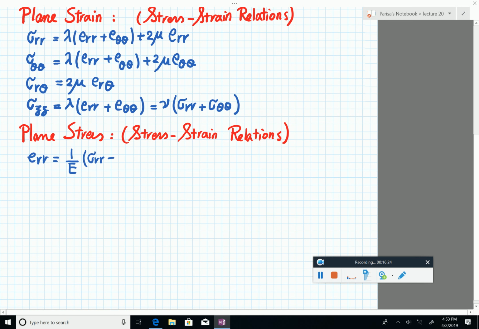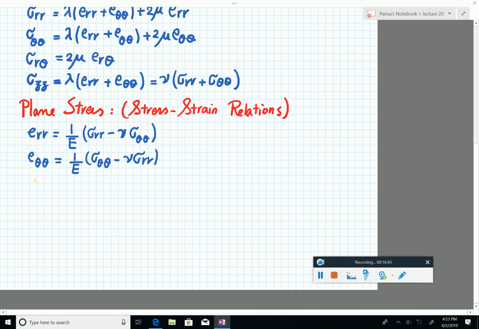So epsilon_rr is 1 over E times (sigma_rr minus nu sigma_theta theta). Epsilon_theta theta is 1 over E times (sigma_theta theta minus nu sigma_rr). Epsilon_r theta is (1 plus nu) over E times sigma_r theta.